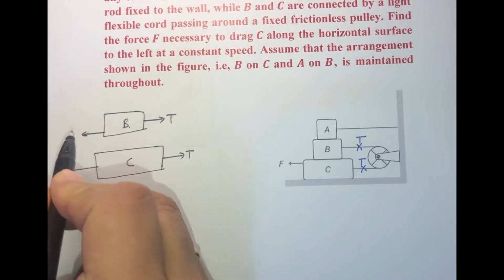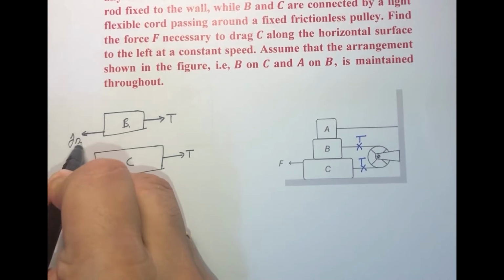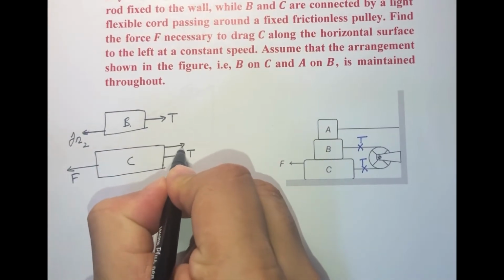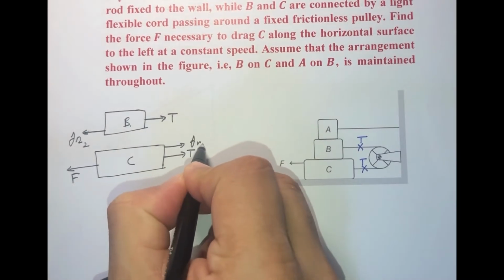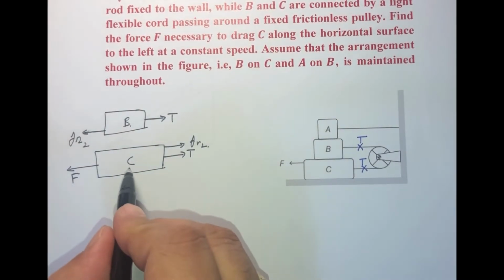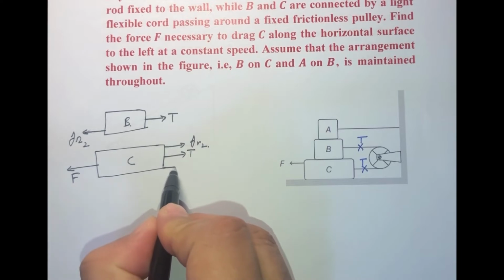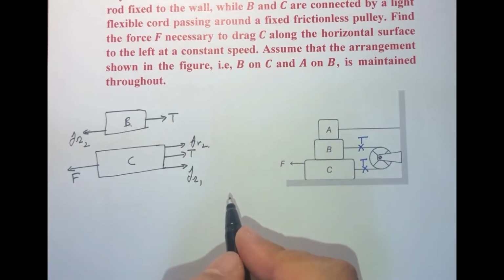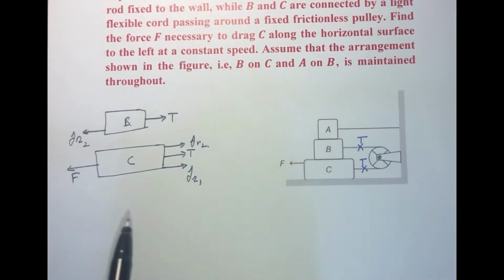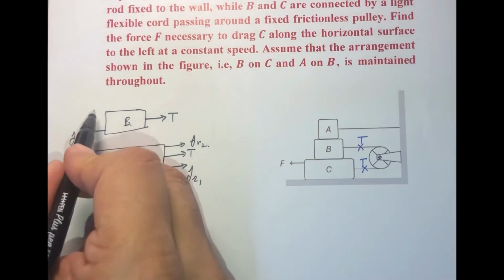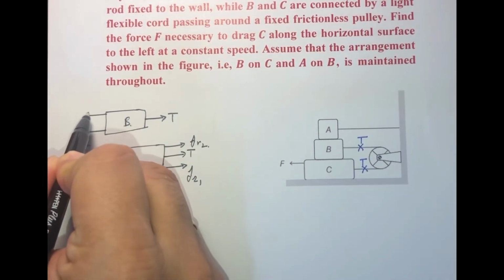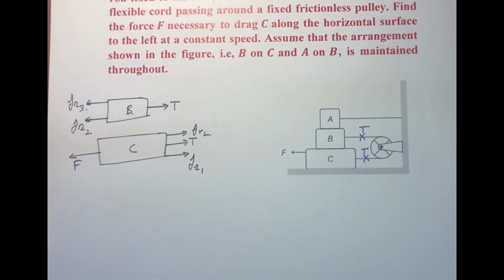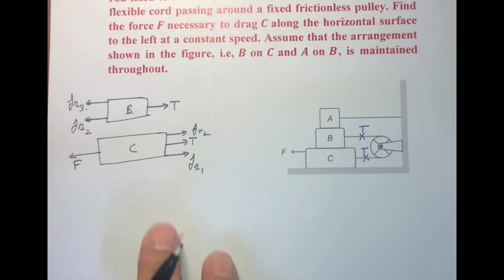With the help of frictional force, let us suppose that is given as FR2, and consequently there will be an equal and opposite FR2 here also. Between block C and the surface, let us suppose there is a force of friction, that is FR1. And because of block A, there will also be a force, let us call that FR3. So these are the various forces that will be acting on B and C.